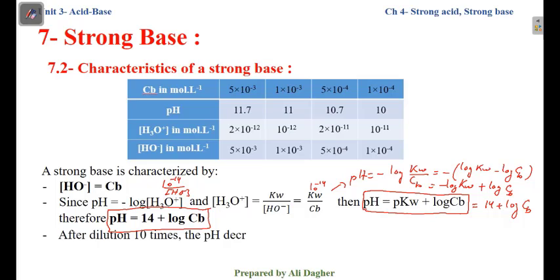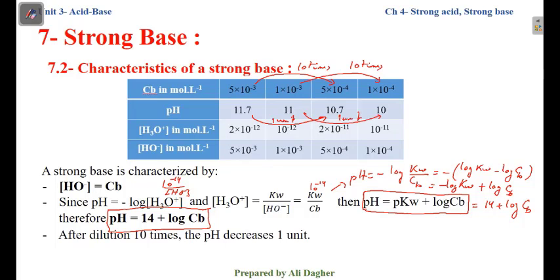The third characteristic: upon dilution from 5×10^-3 to 5×10^-4, a 10 times dilution, and from 10^-3 to 10^-4, also 10 times dilution, the pH decreases from 11.7 to 10.7, decreasing 1 unit, and from 11 to 10, also decreasing 1 unit.